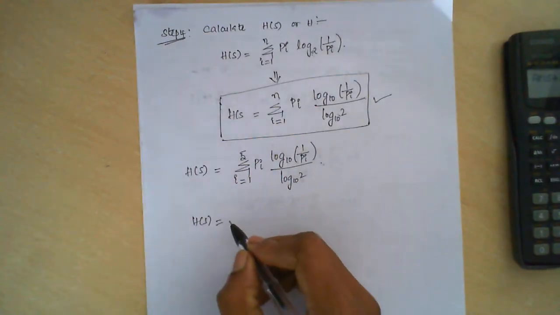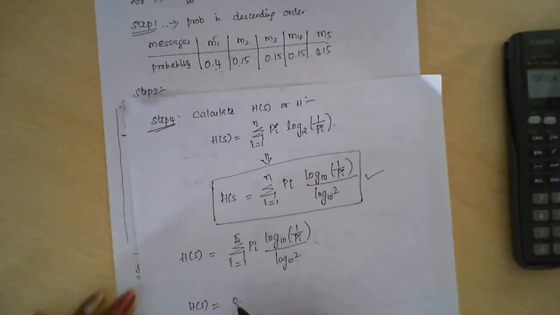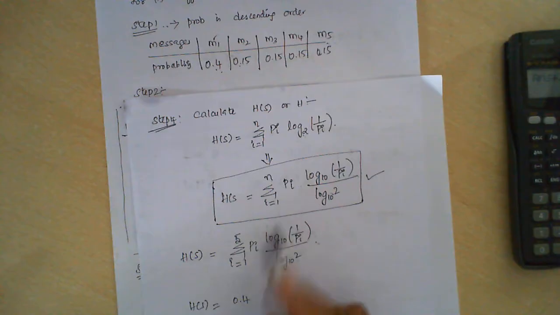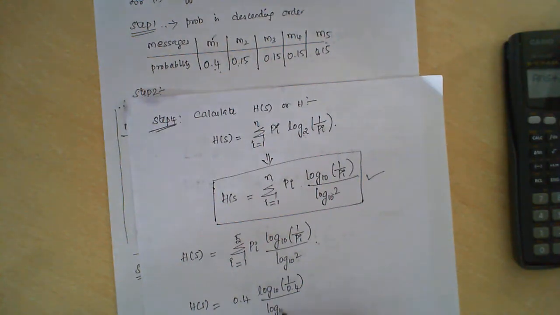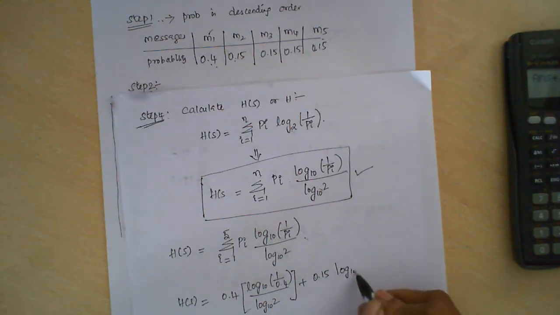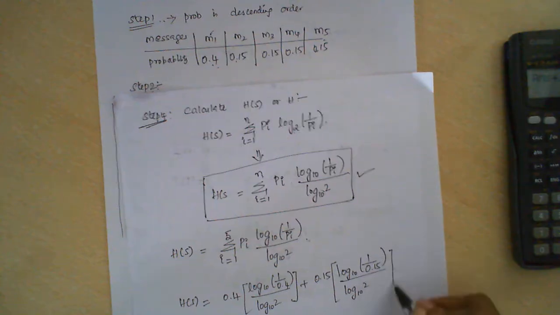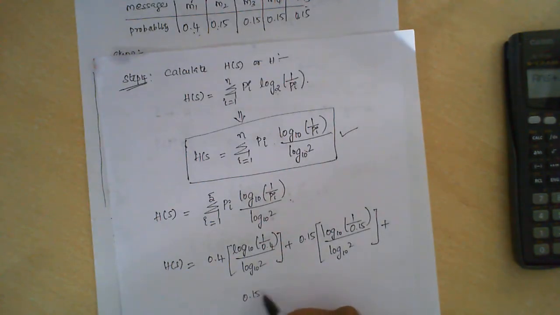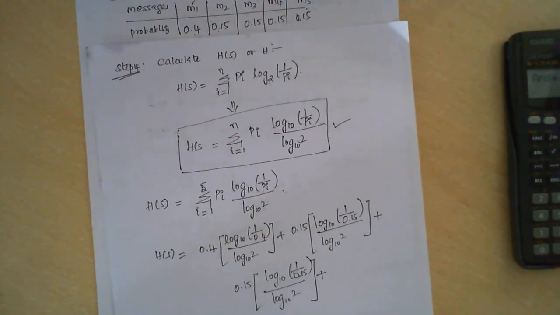The probability of the first one is 0.4, so 0.4 into log base 10 of 1 by 0.4 divided by log base 10 of 2. Then the next probability is 0.15 log base 10 of 1 by 0.15 divided by log base 10 of 2, plus again the same term gets repeated. So write these formulas step by step.